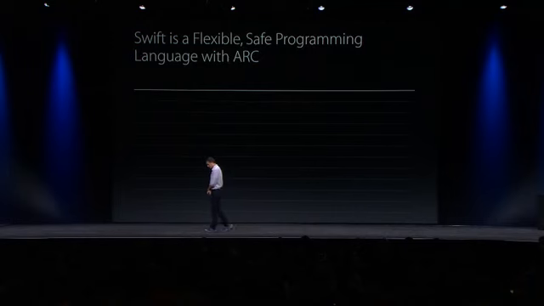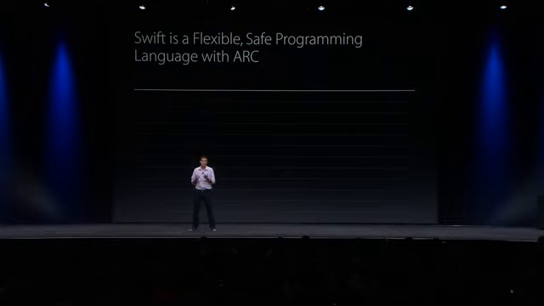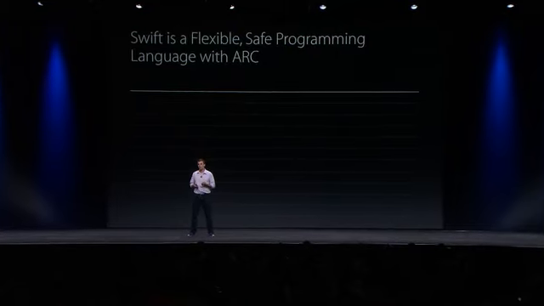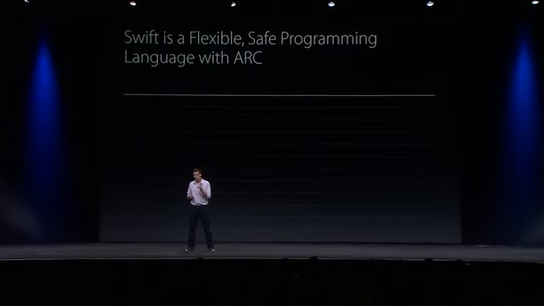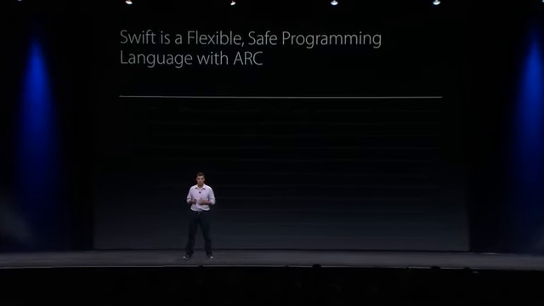So, Swift is a flexible and safe programming language with lots of great features like closures and protocols and generics and, of course, automatic reference counting. Now, some of you may associate these features with slowness because the program has to do more work to implement these high-level features.